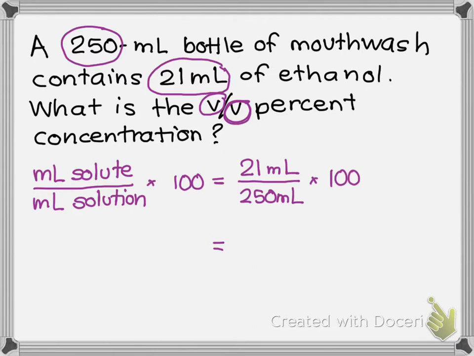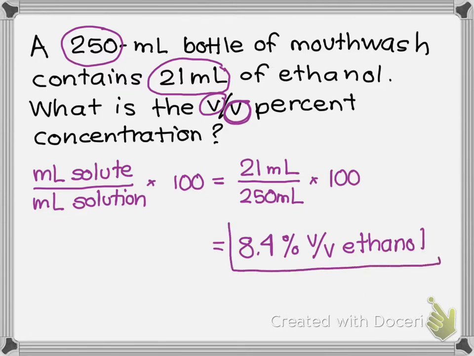So plugging into my calculator, 21 divided by 250 times 100 is 8.4% volume to volume of the ethanol. So this mouthwash is just over 8% ethanol.